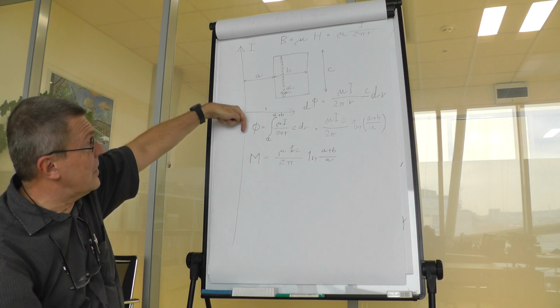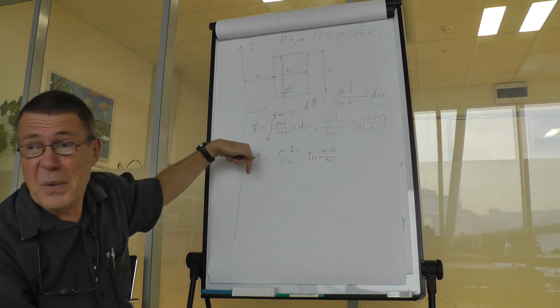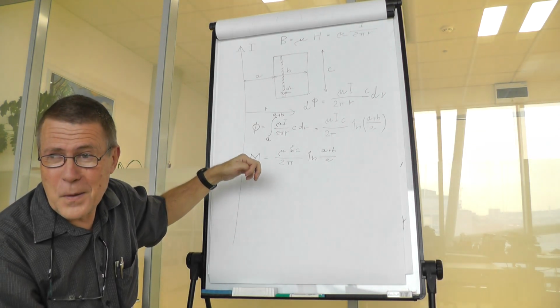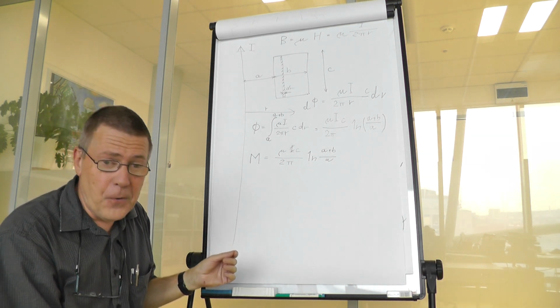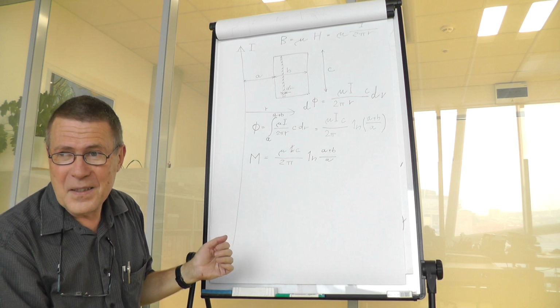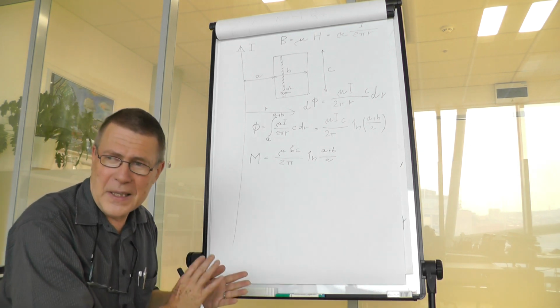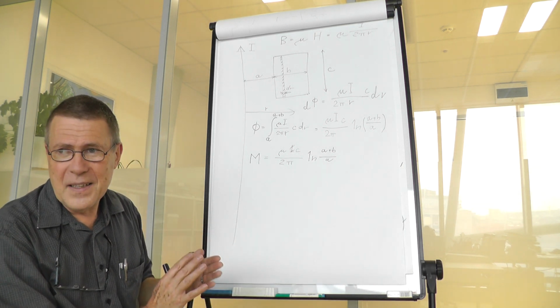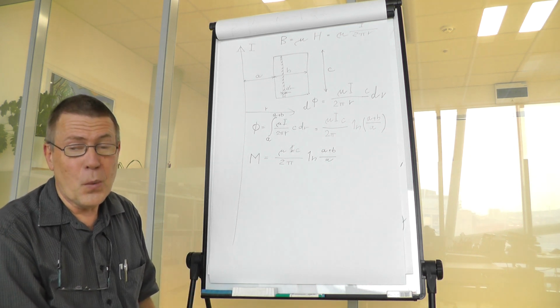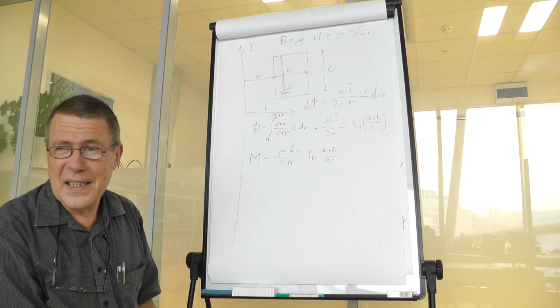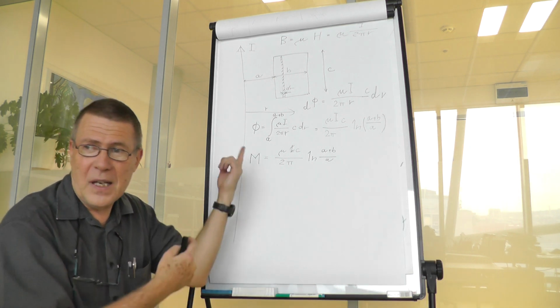Then the current going there and back would be very close to each other, and their field would mostly cancel. It will not totally cancel, but it would mostly cancel. So the first good idea is to twist any pair of wires that carry the information there and back.